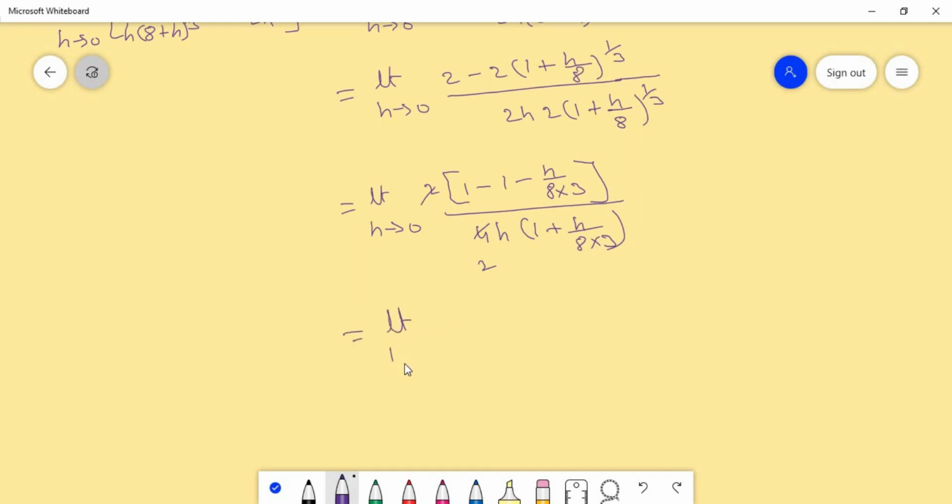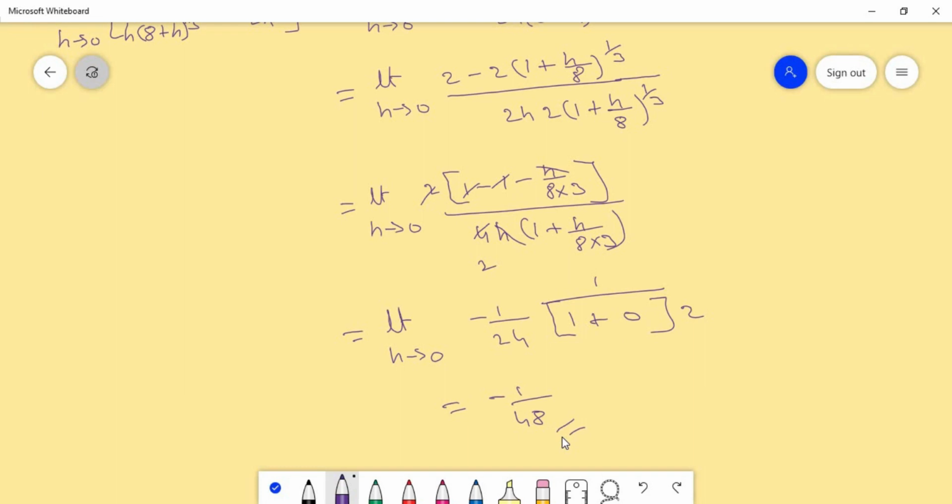Limit h tends to 0, 1 cancels here and this h will also cancel. Minus 1 by 24 into 1 by 1 plus 0. Then the remaining is into 1 by 2 into 2. Right? So now the answer is minus 1 by 48. This is the answer.